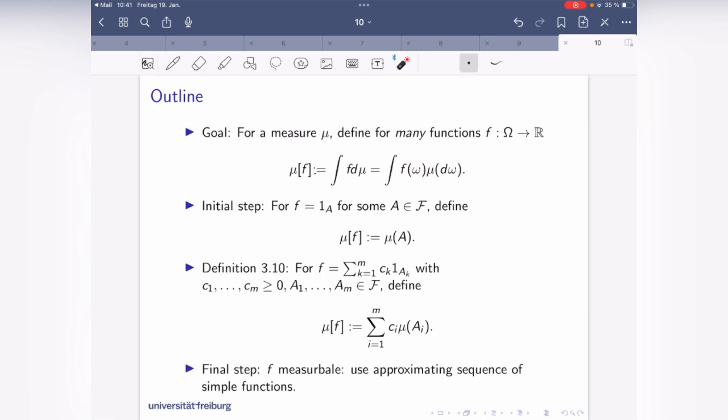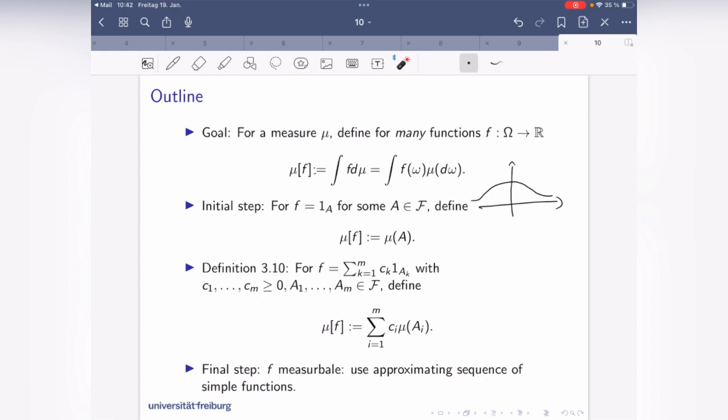And we will be doing this in basically two steps. So the first is a mini step, so I don't really care about this. If f here is an indicator function, then define mu of f like mu of A. So in general, let's say mu is Lebesgue measure, such that all elements of the line here get the same weight. And you have a function, maybe like this here. So what is the integral?